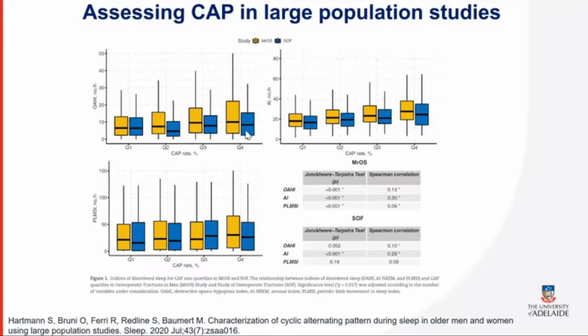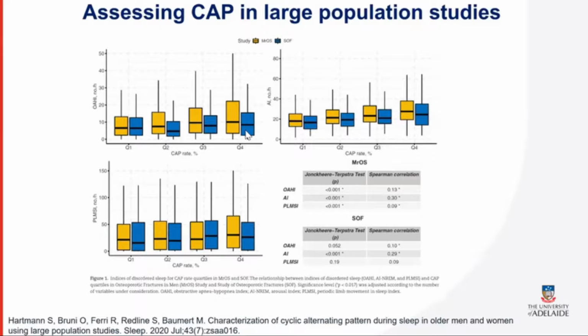Both databases comprise older men and women. MrOS is about 2,500 participants, if I recall correctly, and SOF around 500 PSGs. We tried to see the relationship between sleep disturbance and the CAP rate, meaning how much of the non-REM sleep is occupied by CAP.